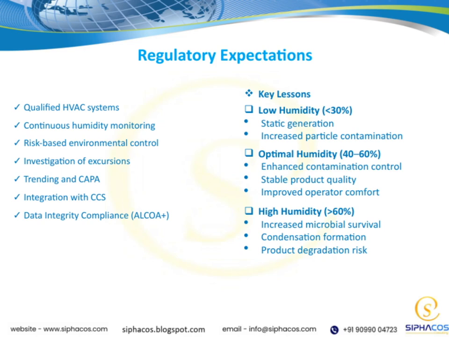But if humidity climbs above 60%, microbes survive longer, condensation forms, and the risk of product damage goes up. Meeting regulatory expectations means having qualified HVAC systems, continuous monitoring, and strong controls based on risk. We also need to investigate any deviations, track trends, and ensure data integrity throughout.